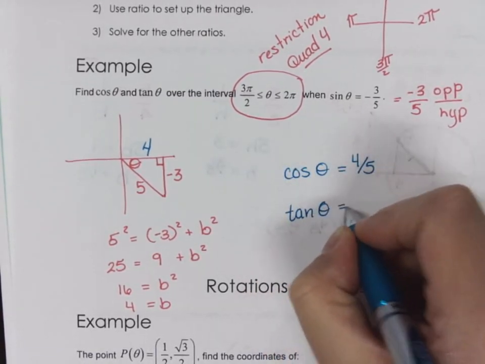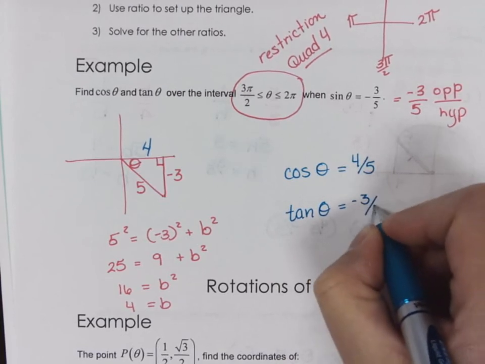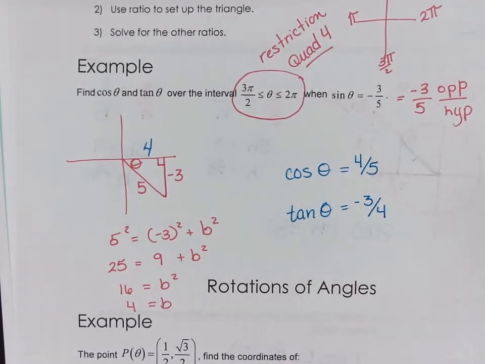And tan is going to be opposite over adjacent. And again, we know in quadrant 4, tan should be negative. So there's ways to check as you go, if you feel confident enough to do that. Literally, that's it. You guys did this in grade 11, and it was the worst thing ever.